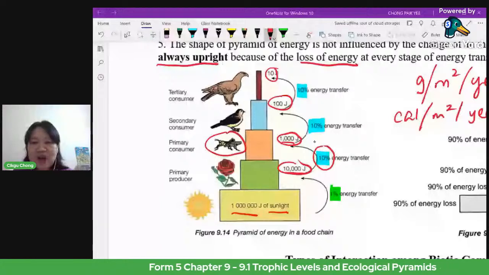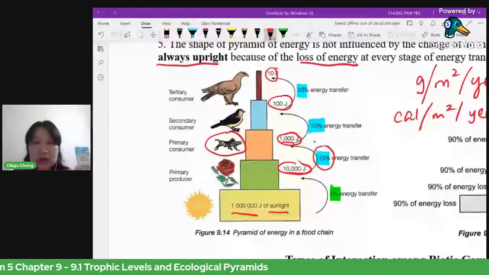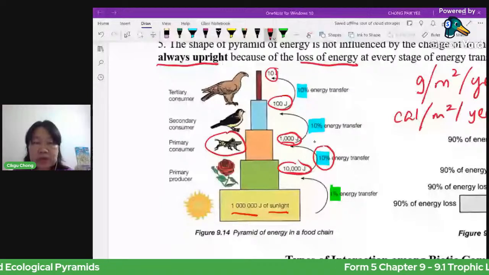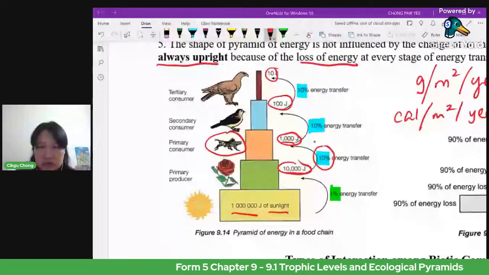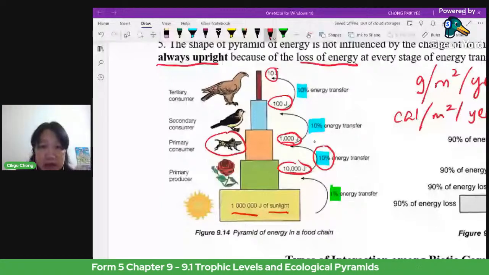Okay, so you get what it is that you will get for this pyramid of energy. Because of energy, you always get it in either kilojoule or calories. Even gram also, though gram is less common now. Per meter square because of the area, and also per year.